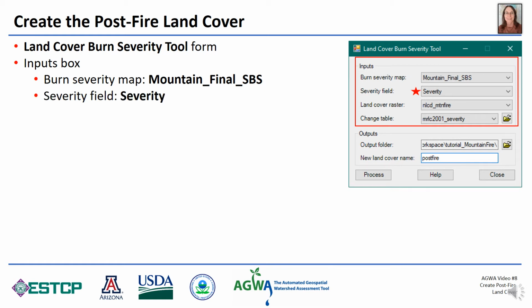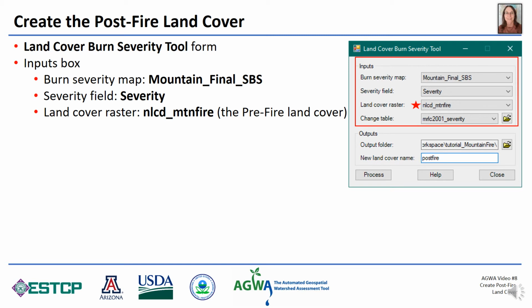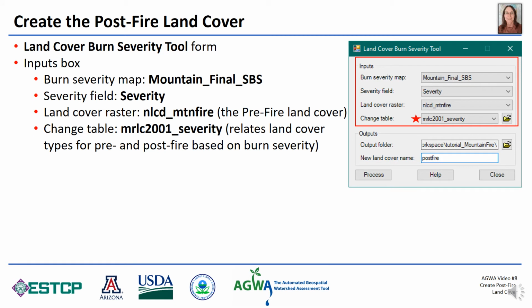Select the severity field in the burn severity map from the drop-down menu, Severity. For the land cover raster, select NLCD_MTN-FIRE. This is the pre-fire land cover data. For the change table, select MRLC 2001_severity. This table relates the land cover types for pre and post fire based on burn severity.